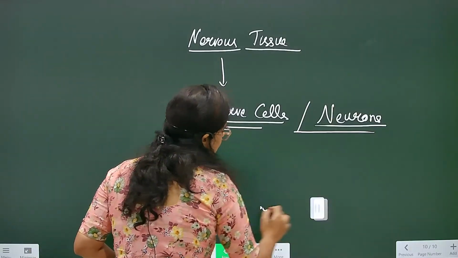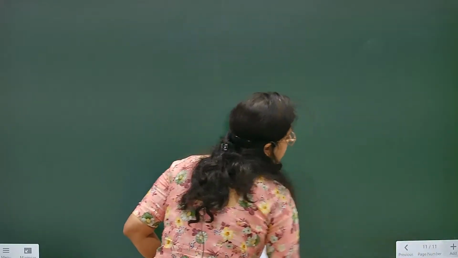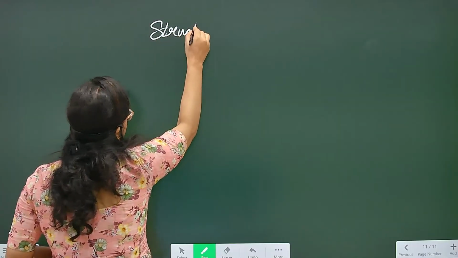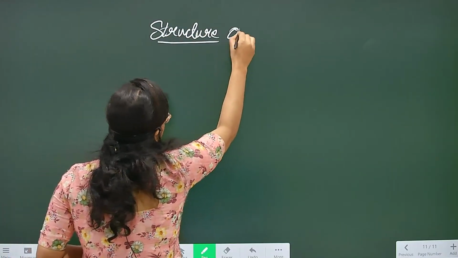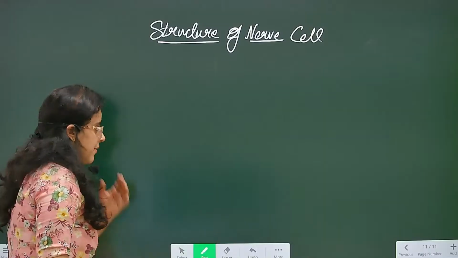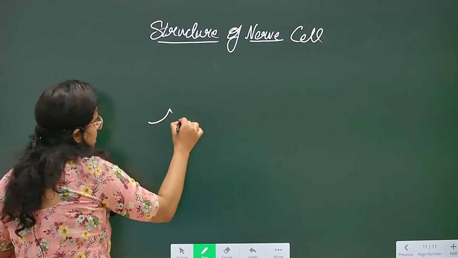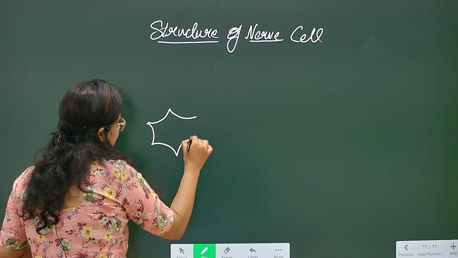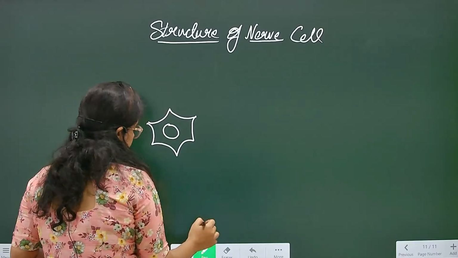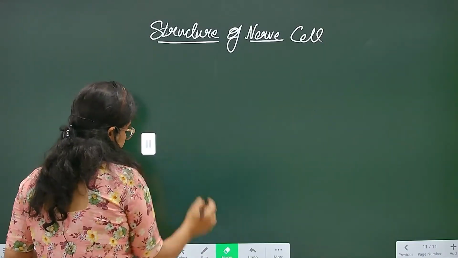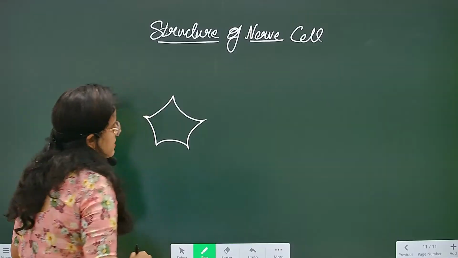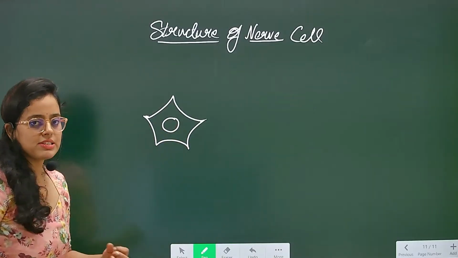But before that, let us learn about the structure of the nerve cell. The general structure of the nerve cell, you must have learnt in your earlier classes also. They have a cell body, and the cell body consists of cytoplasm and a centrally placed nucleus.